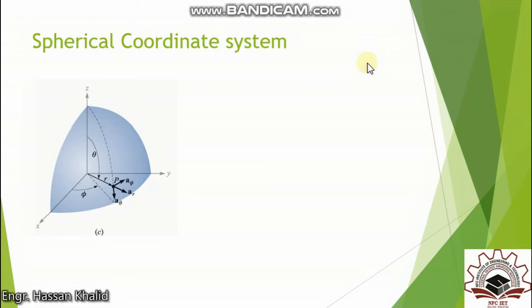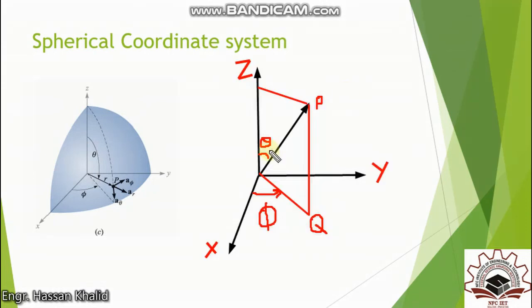Now my next step will be to relate the rectangular coordinate system with that of the spherical coordinate system, as we have done in the previous slides. What I did now is just a simplification of this diagram so that you can easily understand what I'm going to do next. This one is the phi. It is directed in the direction of the plane, same as in the cylindrical coordinate system.